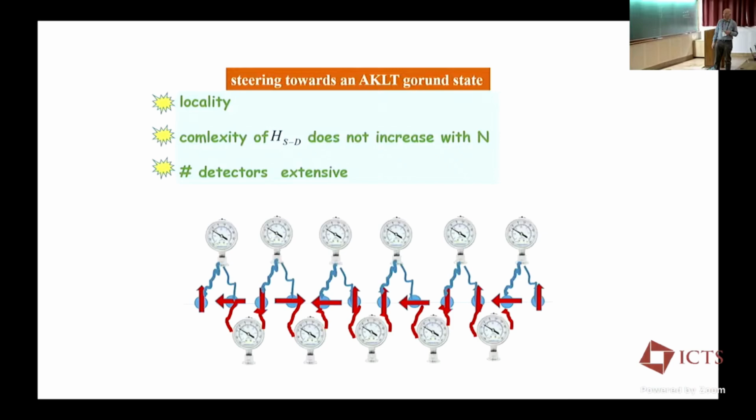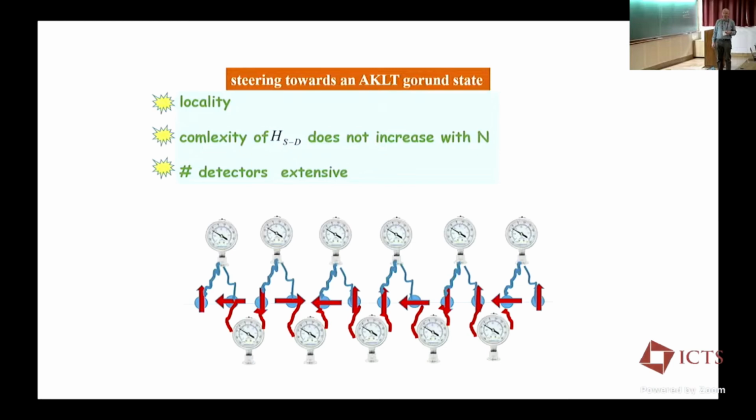Second, I want the system detector Hamiltonian, at least the complexity of this Hamiltonian, not to increase when the length of my chain increases. And thirdly, I would like to accomplish my steering towards the ground state of the AKLT with a number of detectors which scales with the size of the system not faster than extensively.